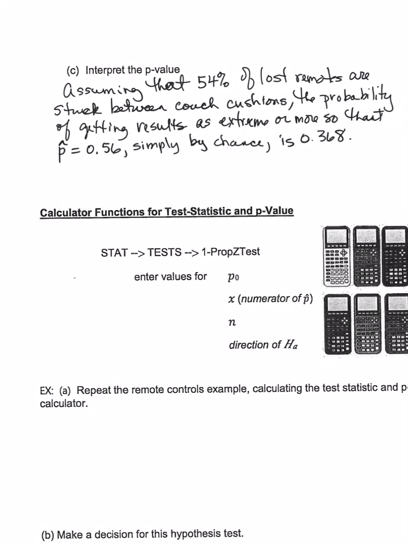So go into your calculator under Stat Test. And what do you see? The one-prop z-test. One-prop z-test is number 5 down here. It's going to ask us for a p-naught. What is our p-naught going to be? 0.54.